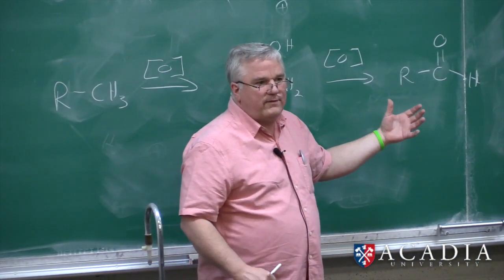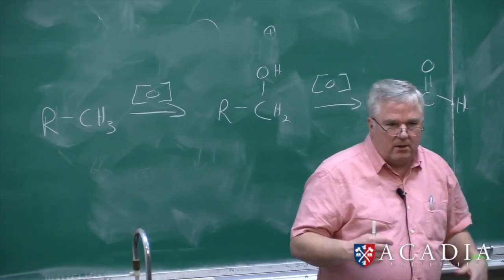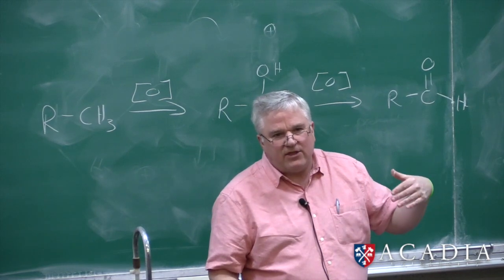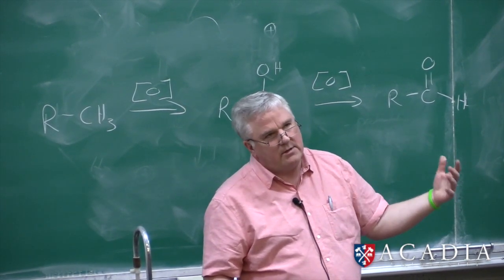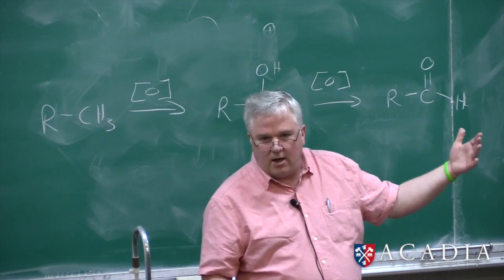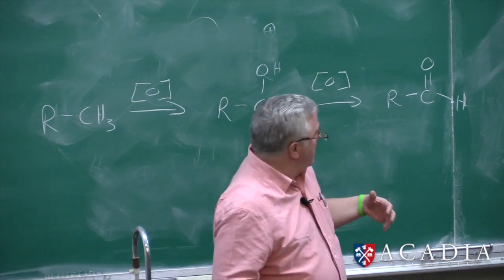We actually removed hydrogen. And we'll see when we go back, an oxidation can be thought of as increasing the oxygen content or taking away some of the hydrogen content.